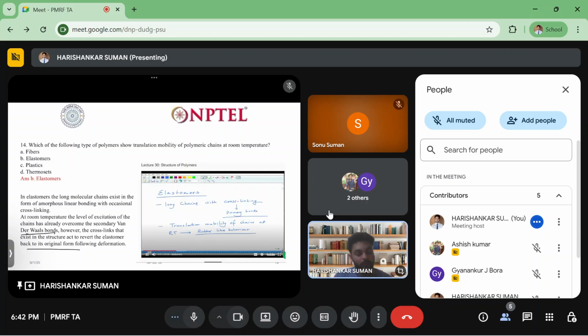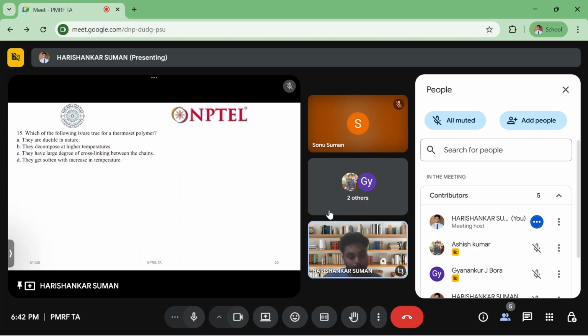From the lecture, we can also see long chains with cross-links, primary bonds, and translational mobility of the chain at room temperature, with rubber-like behavior. So the question is translational mobility of the polymer chain at room temperature, which is elastomer. Let's see the next question.